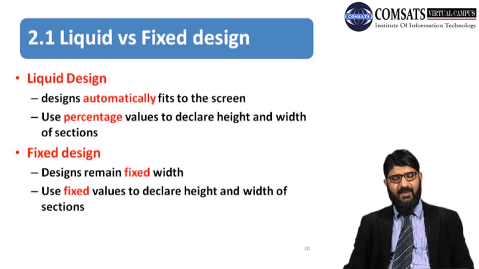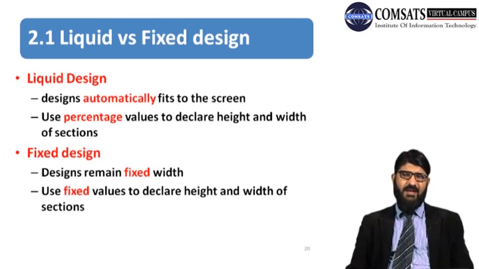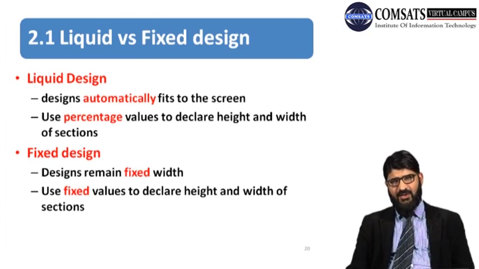Liquid design automatically fits the screen of the user, and the user gives percentage values to mention the height and width of the section. So by using percentages, the height and width of the section can be controlled. This is said to be liquid design.